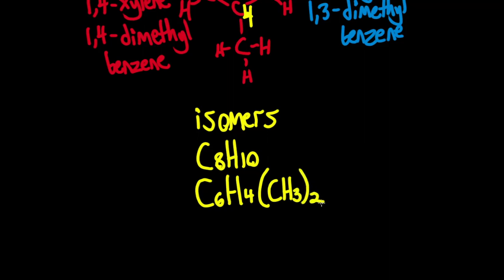And if I have ortho, I could put an O out there, or if I have meta, I can put an M, or if I have para, I can put a P, in front of that formula.